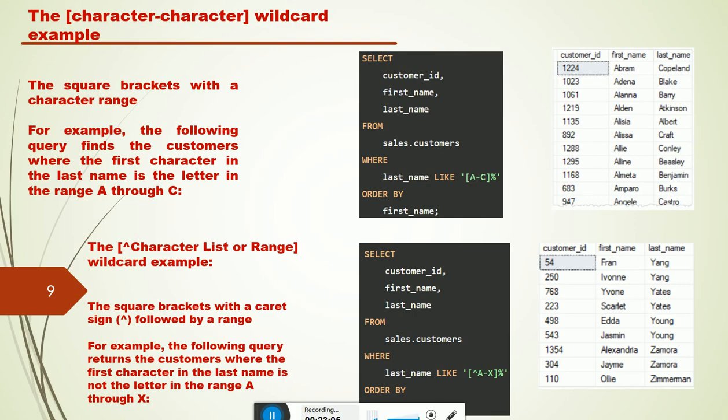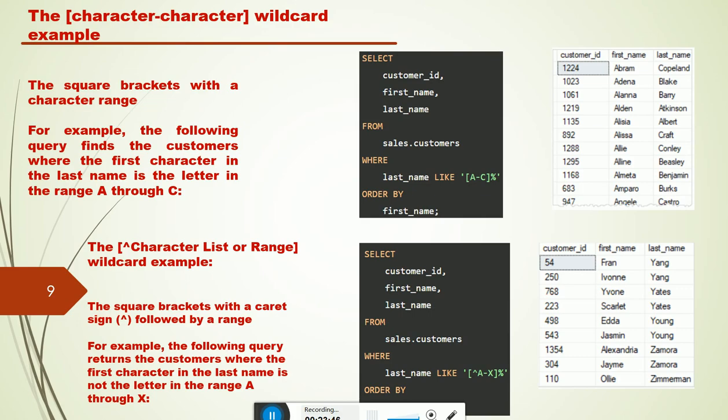The caret character list or range in square brackets wildcard example. The square bracket with a caret sign followed by a range. For example, the following query returns the customers where the first character in the last name is not a letter in the range A through X. See the query.